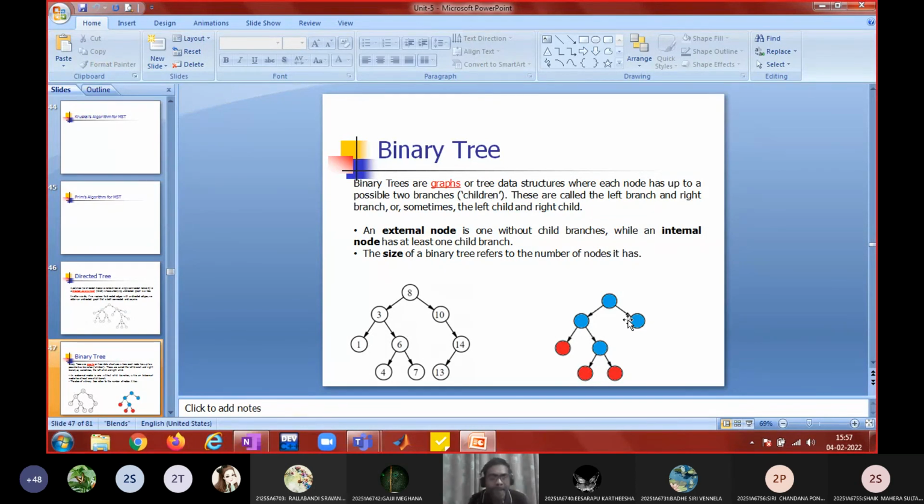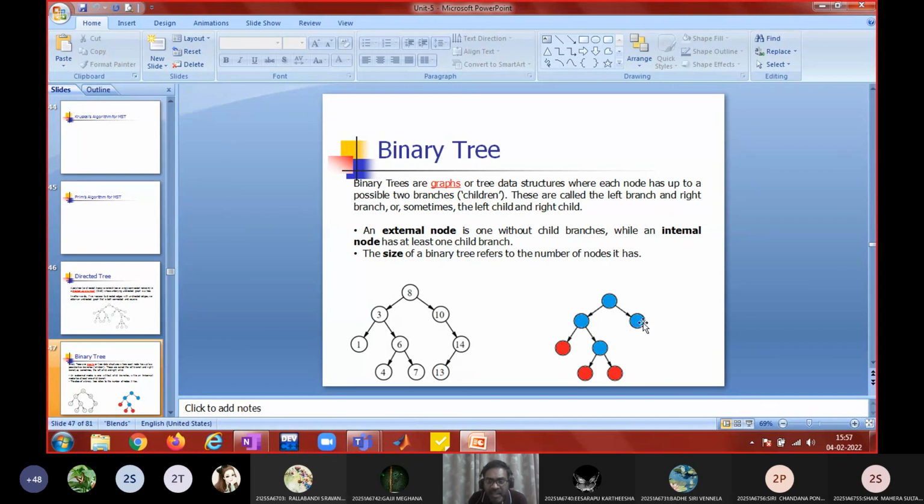Is it okay? And what is an external node? An external node is the one without any child branches. So in this, what are the external nodes? I think 1, 4, 7, 13. Sir, I think this also must be an external node.